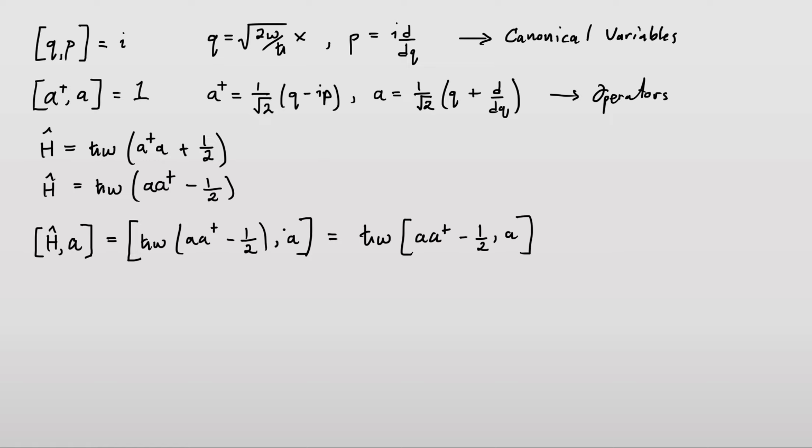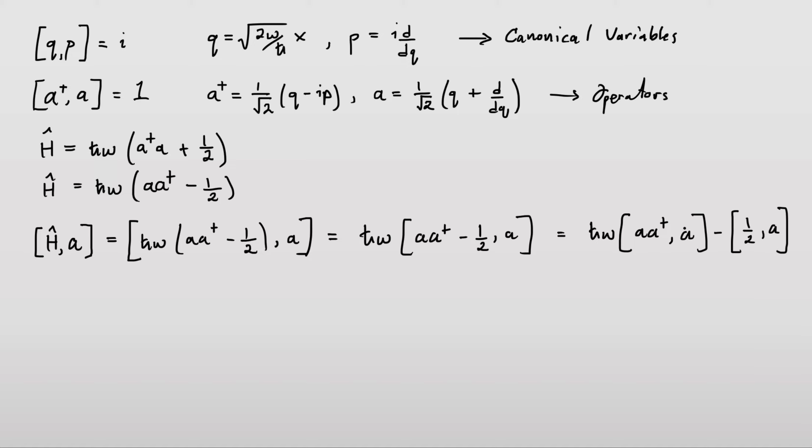We can pull constants out of the commutator, and so we could break this up even more. This becomes h bar omega, a dagger commutated with a, minus 1/2 commutated with a.